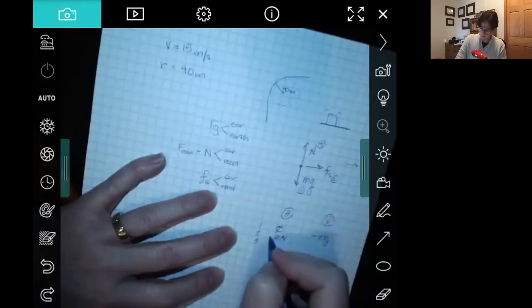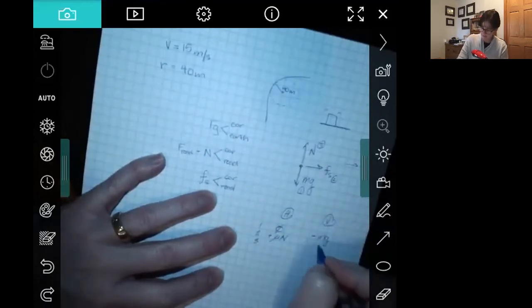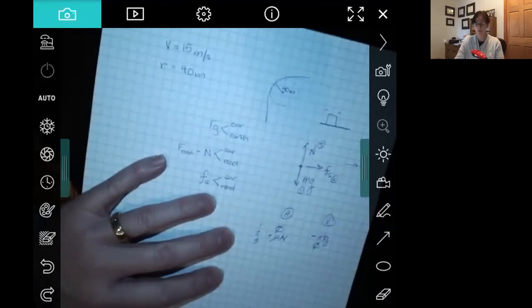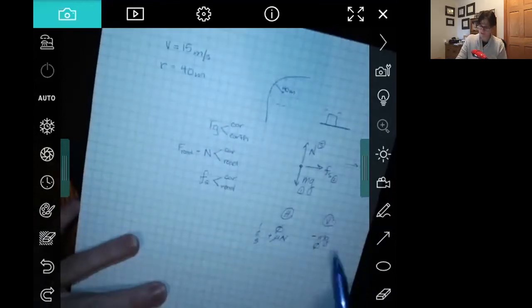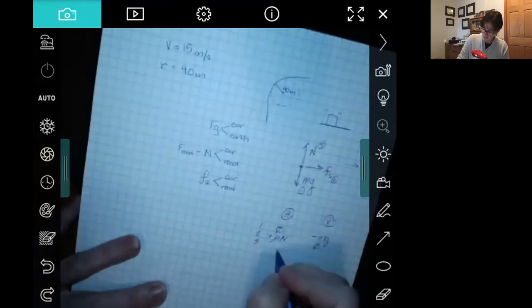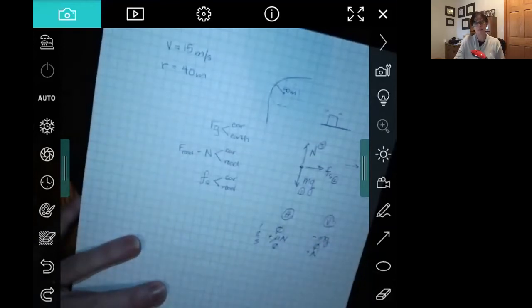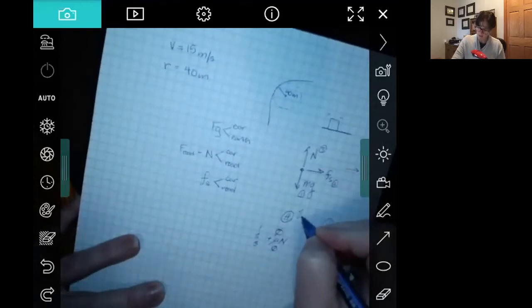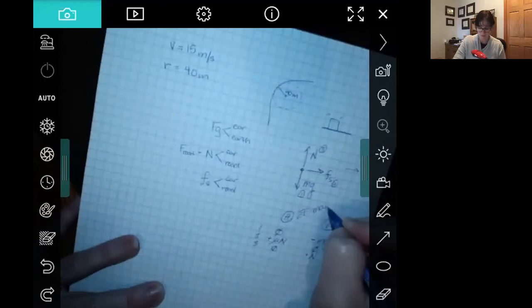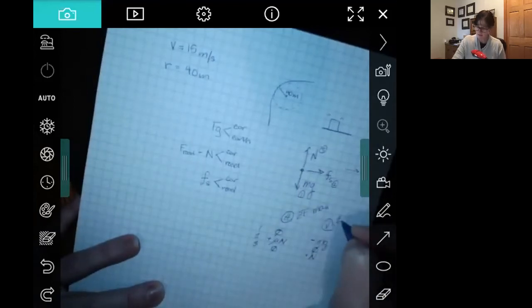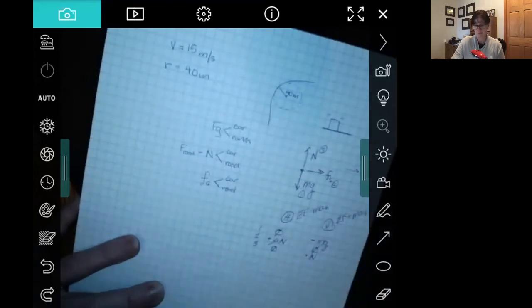It is pointing to the right, so it's positive, and our vertical component is 0. And then force number 3 is our normal force, and that is only acting vertically. All right, so the sum of our forces in the horizontal direction is the mass times the horizontal acceleration, and the sum of the forces in our vertical direction is mass times the vertical acceleration.